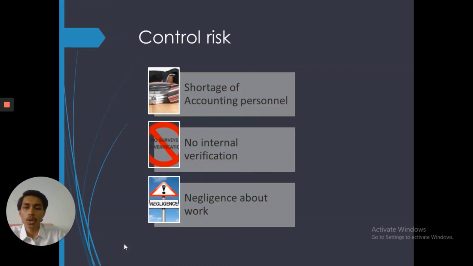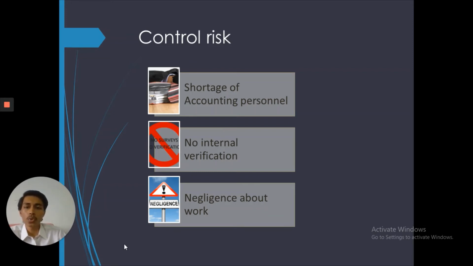Now I am going to talk about the control risk. As we can see, they have a shortage of accounting personnel, so it's quite hard for the accountant to record all the transactions correctly because they have lots of work to do, and they do not have enough people to do the recording. Secondly, no internal verification.